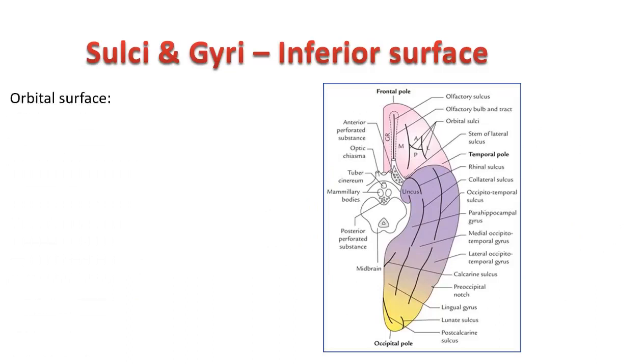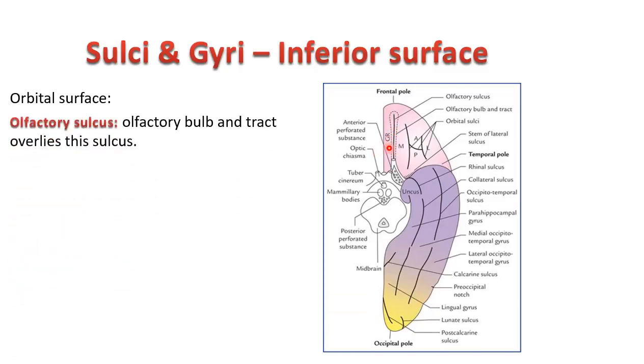On the orbital part, you are mainly able to see the olfactory sulcus, which is present deep to the olfactory bulb and tract. If you push the olfactory bulb and tract aside, you see the olfactory sulcus. The area medial to the olfactory sulcus, written as GR, is your gyrus rectus.